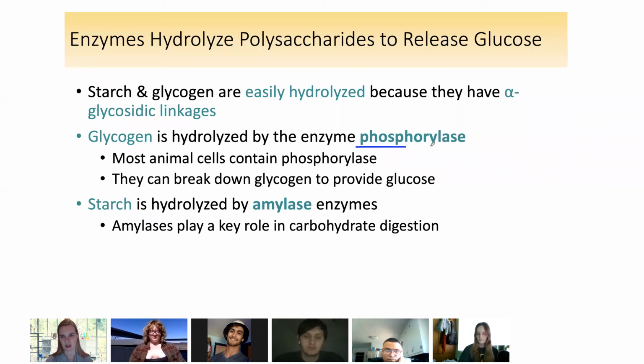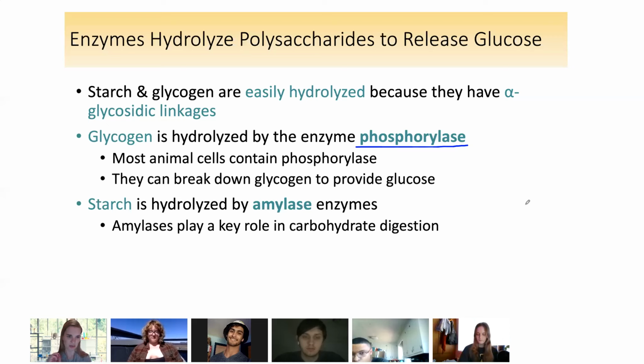The enzyme that's going to help break down glycogen is called phosphorylase. You can see that this is found in most animal cells. It's the enzyme that can break glycogen down into individual glucose molecules. So very, very important enzyme for us to have.